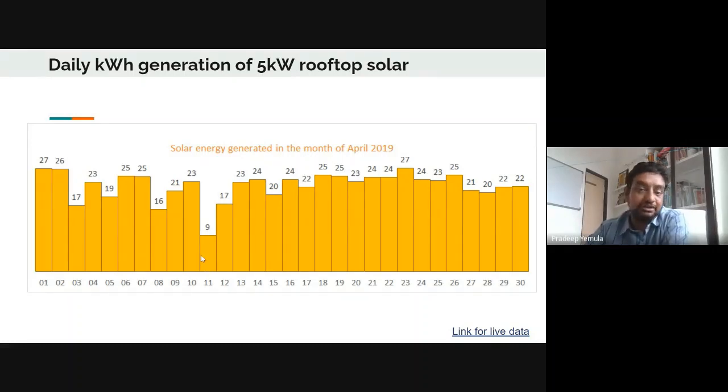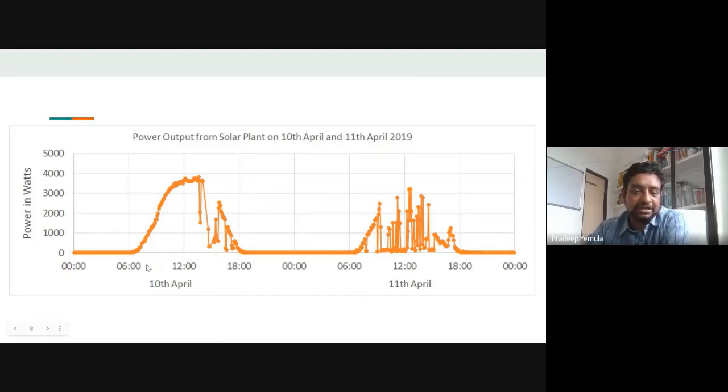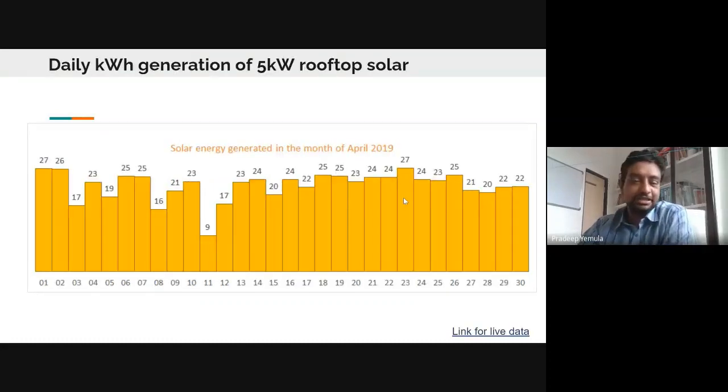So we can further go and take a time versus power generation plot, and we can get a detailed plot also. So here we can notice that the power generation is not smooth. But having this kind of report will be useful, a monthly report of how many units are generated every day.